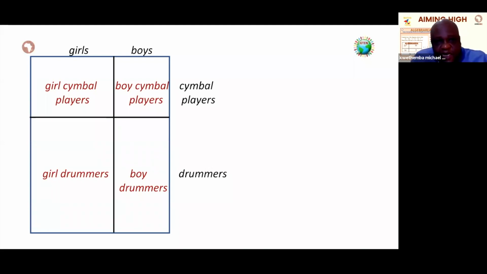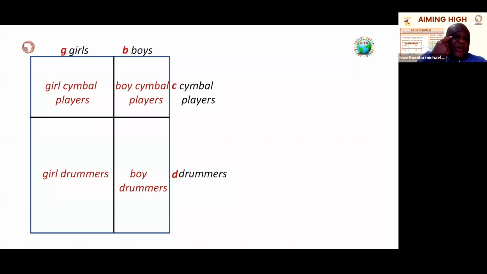It could be a certain number of girls, a certain number of boys. Then on the other side, we have cymbal players and drummers. We still want to find the area of the whole shape, but coming from the smaller pieces which make up this whole shape.